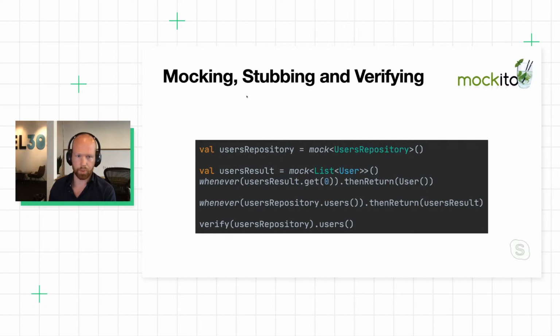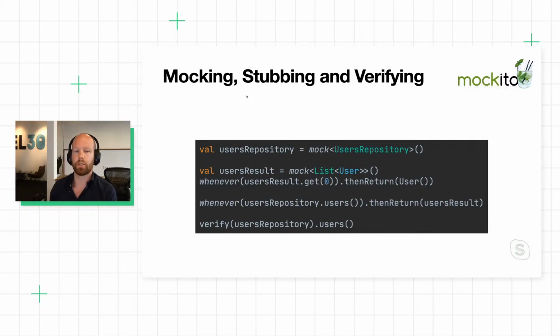This users repository interface has a users method, and we want to mock whatever it returns. And we go even further. We mock this list of users, and for the mocked user list, we even mock the getter: if we do a call to the 0th element of the list, then we'll return some user. And at the bottom, you can even verify that this users method has been called.